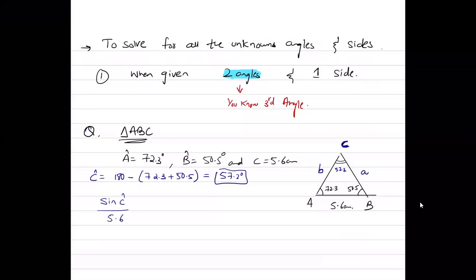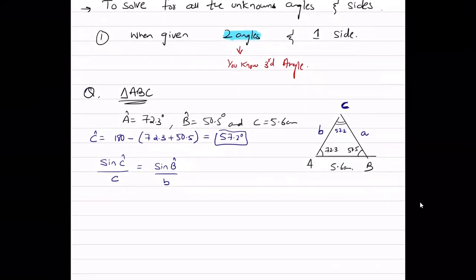Let me write down the sine rule first. Sine of angle C upon c is equal to sine of angle B upon b. So sine of angle C is 57.2. The side opposite to this angle is 5.6 centimeter. The ratio is equal to sine of angle B, which is 50.5, sine of 50.5 upon the length b.